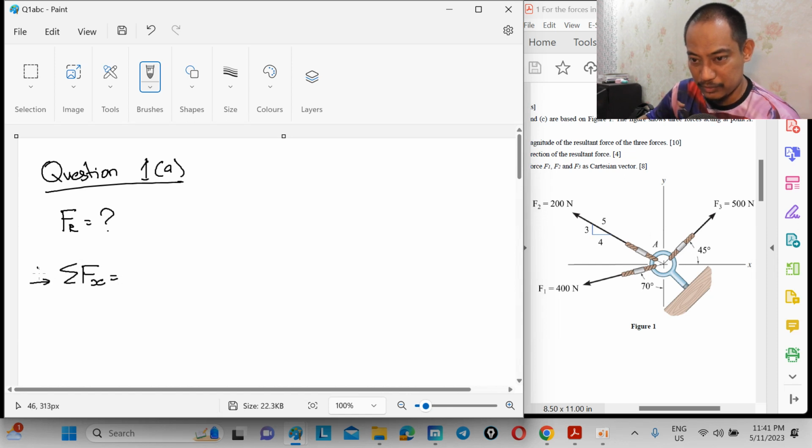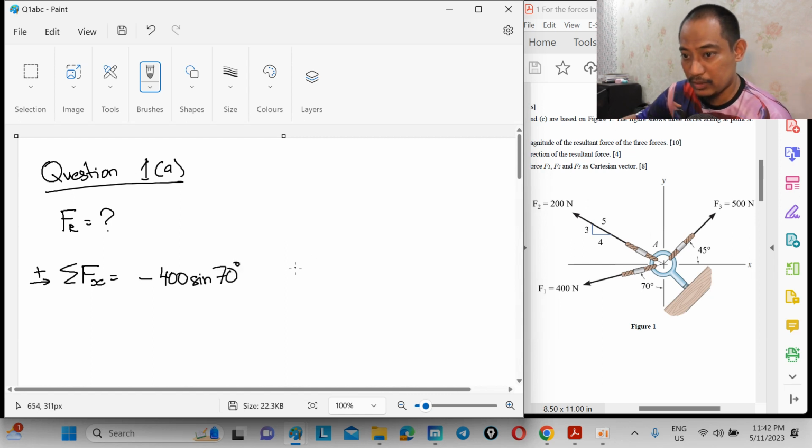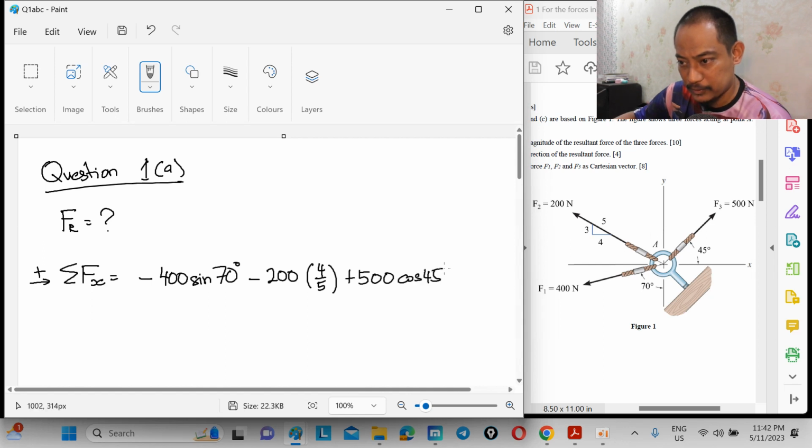If you take right as positive, F1 is to the left, so it should be minus 400 sine 70, and F2, 200, is also to the left, so minus 200 times 4/5, and then 500 to the right, so plus 500 cos 45 degrees.